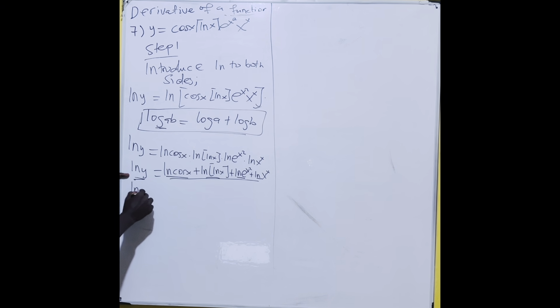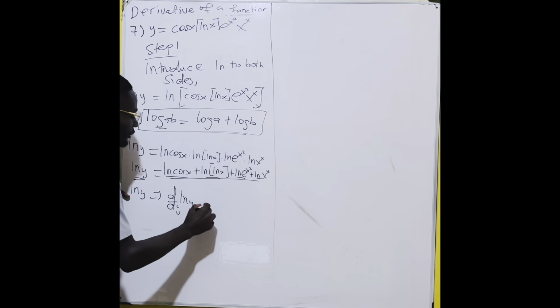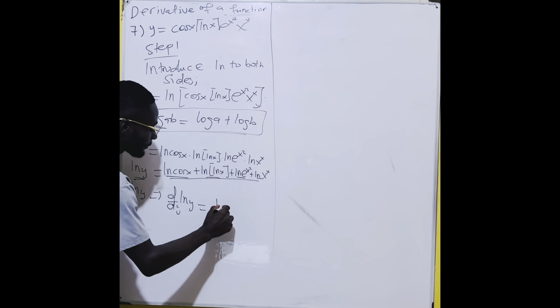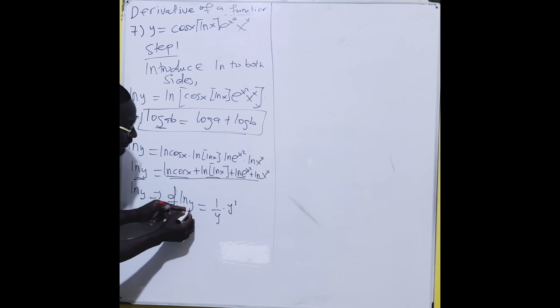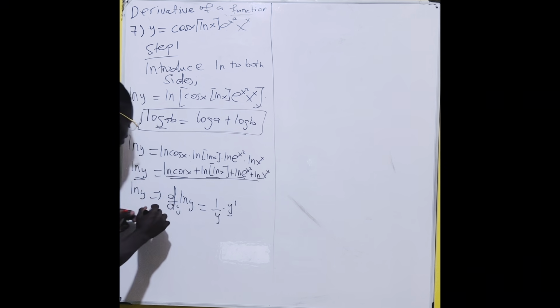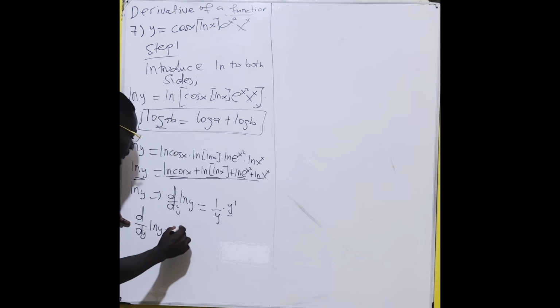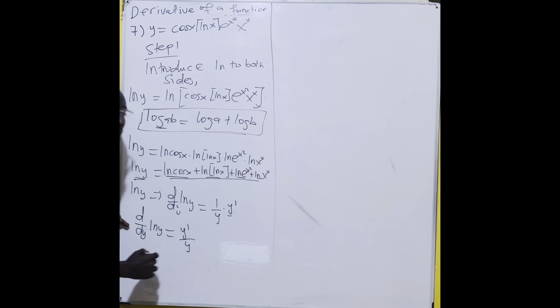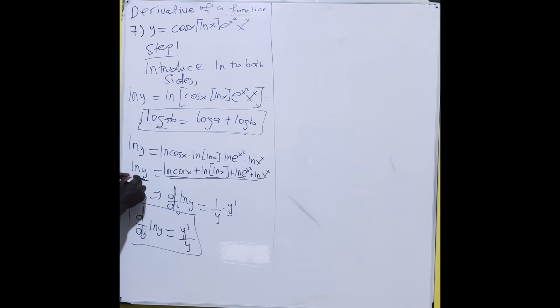So ln y, derivative of ln y with respect to y is going to be 1 over y times derivative of y, right? We take 1 over the function inside the ln, then we differentiate the function inside the ln, right? So derivative of ln y is equal to y prime divided by y. So that is what we have for the left hand side.